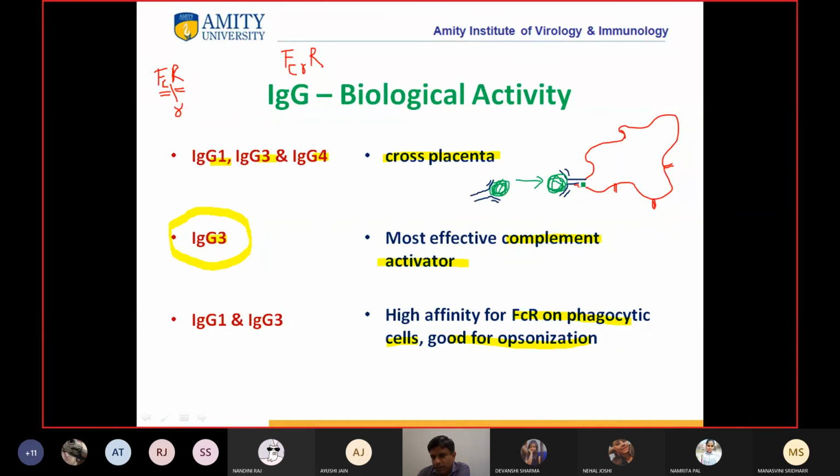So the receptor is binding to the FC region of the antibody, and that's why these receptors are called FCR. Clear?